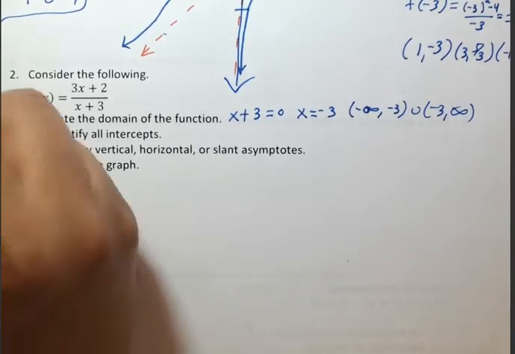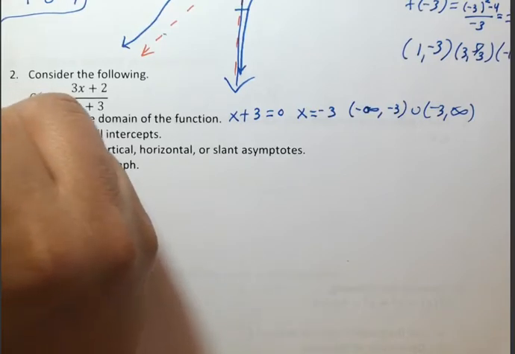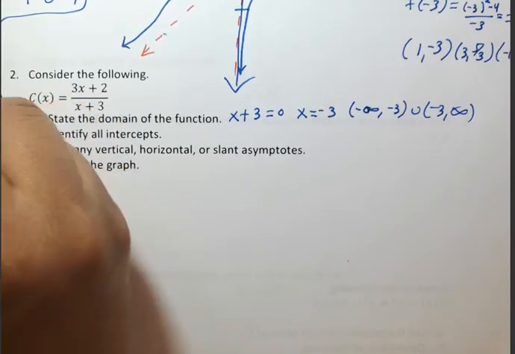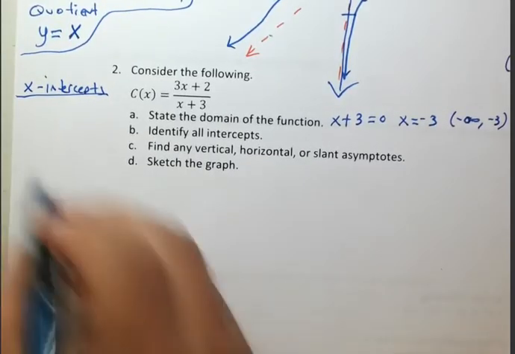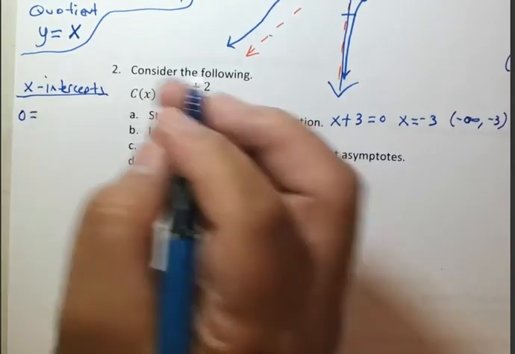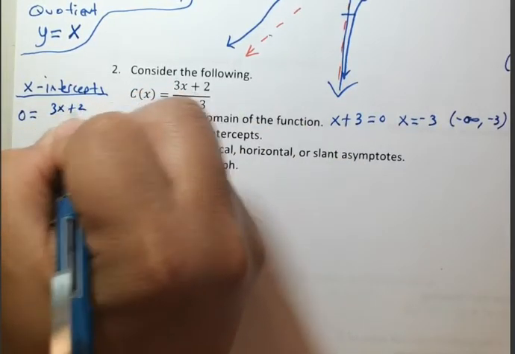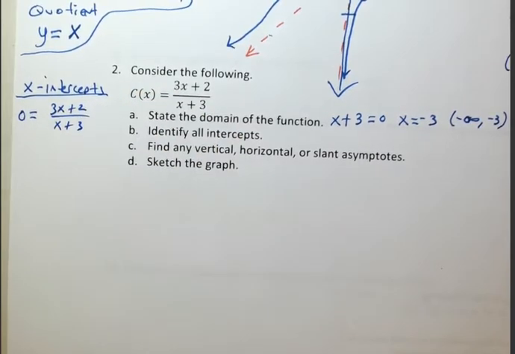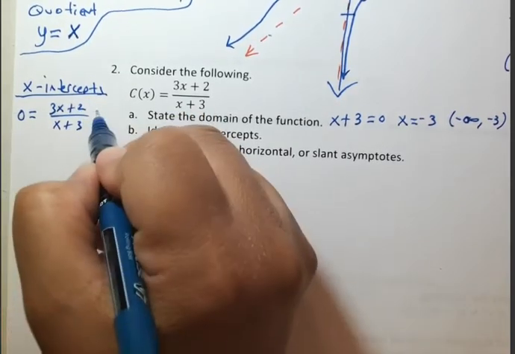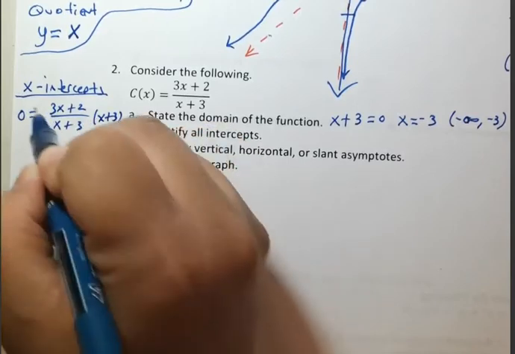Identify the intercept, so I'll do the x-intercept first. So the x-intercept, you let y equal 0 and solve for x. So my y is 0, and then I solve for x. Okay. So in order to solve for x, we need to multiply by x plus 3 on both sides.